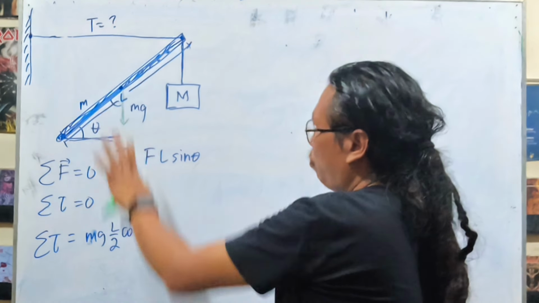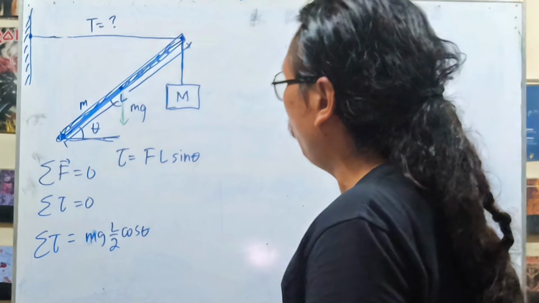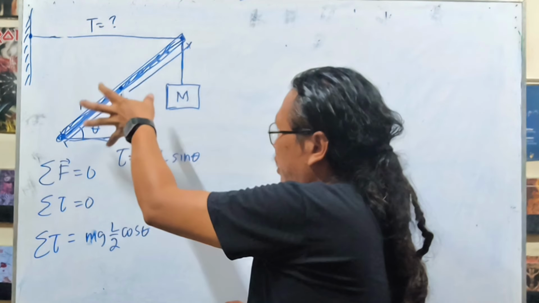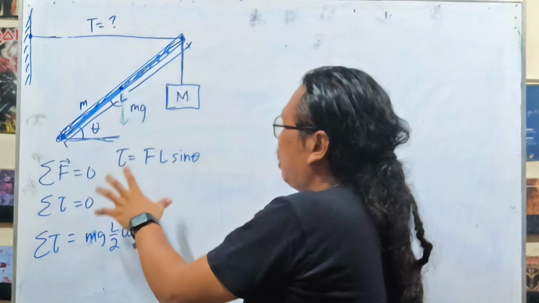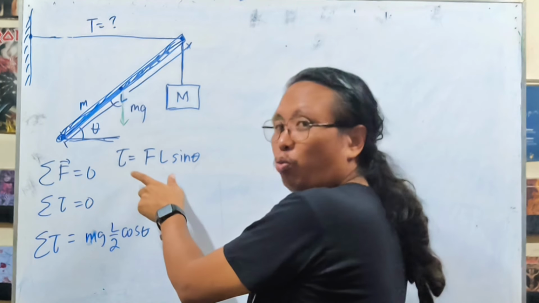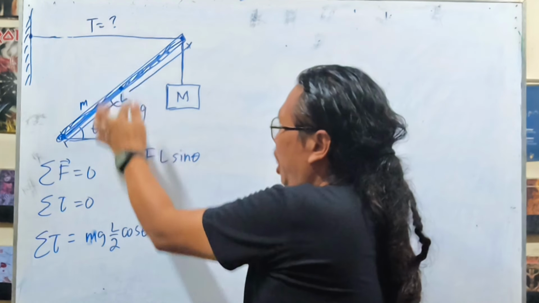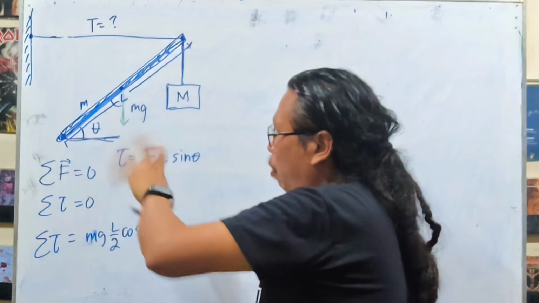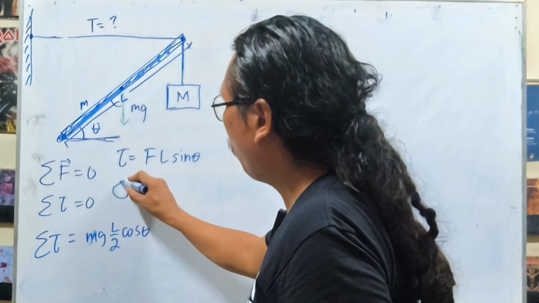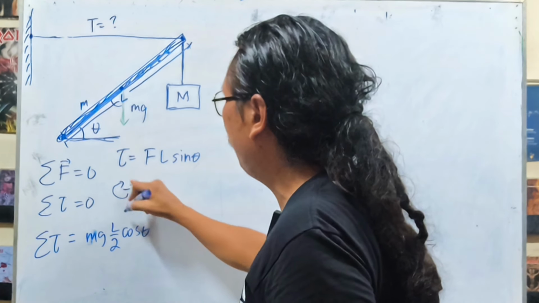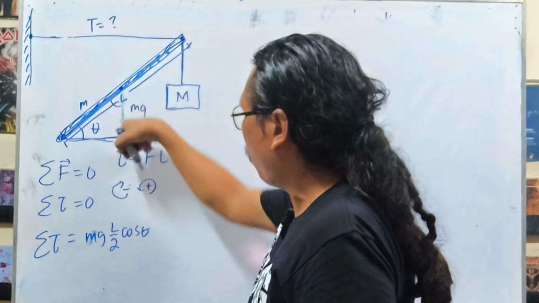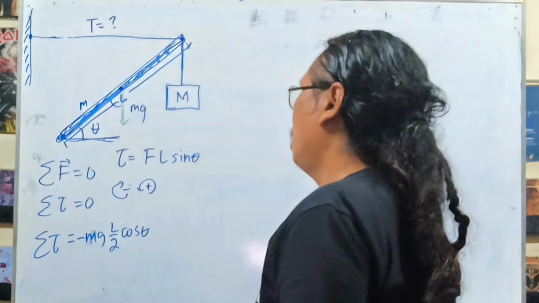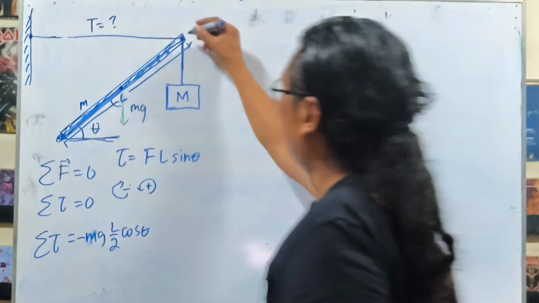The next step is to ask what sign this torque will give us. This torque will create a clockwise rotation. From our convention, clockwise is negative, while counterclockwise is positive. So this is negative.